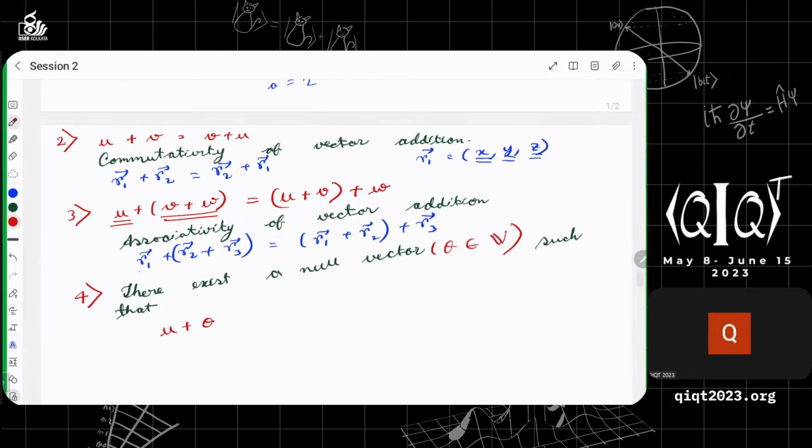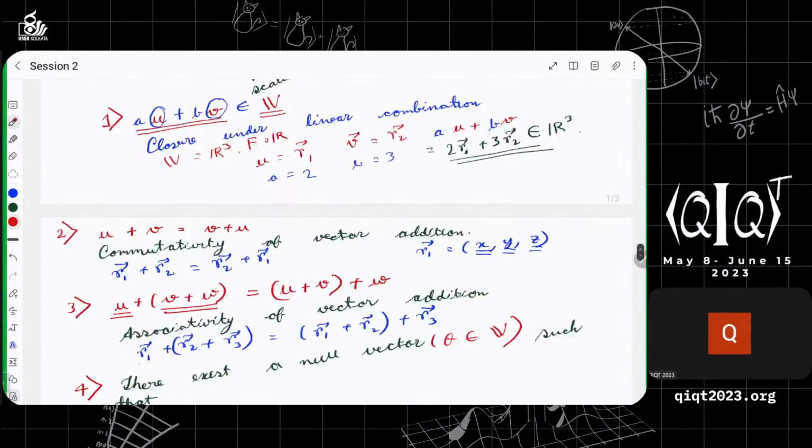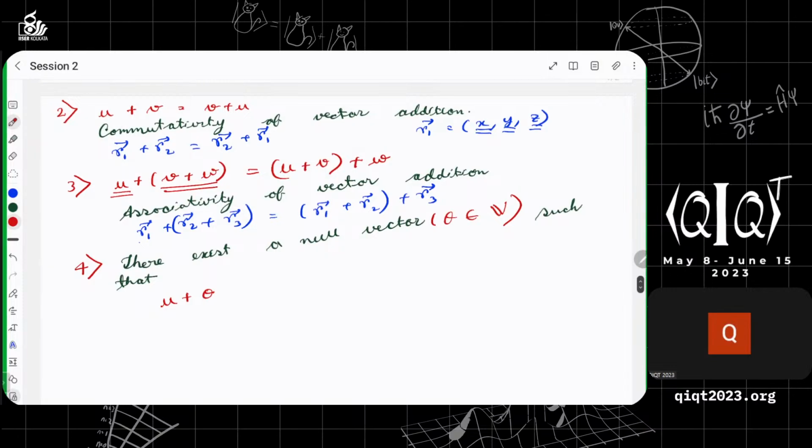So u, v, w, as we had defined before, these are elements of the set V only. So if you add the null element to u, it will remain the same, and it will be the same as theta plus u. And if you think about R3 here, then the null element is nothing but the origin. So 0, 0, 0 for R3.